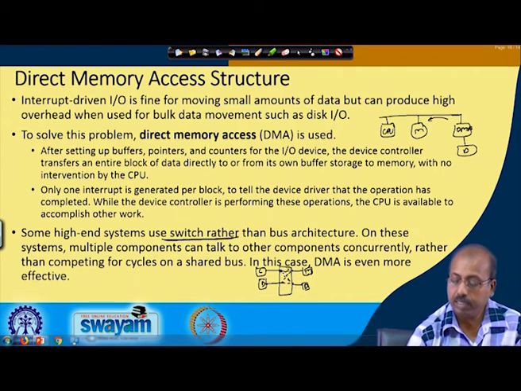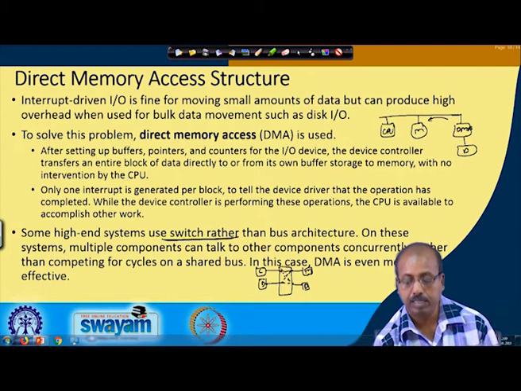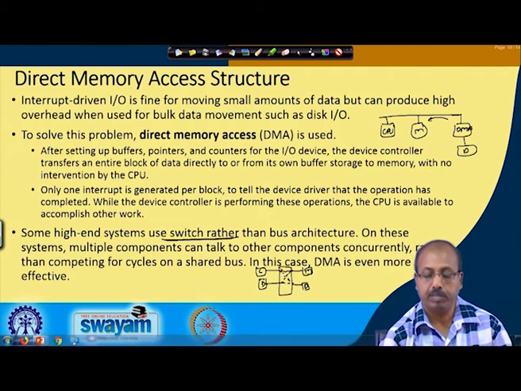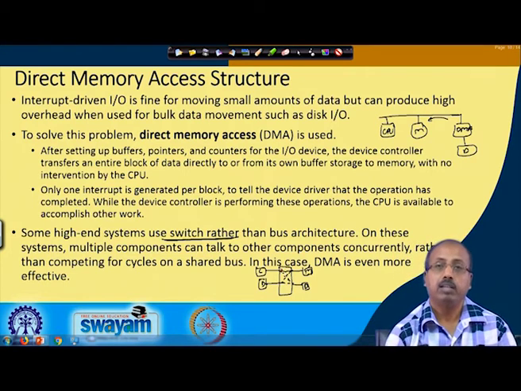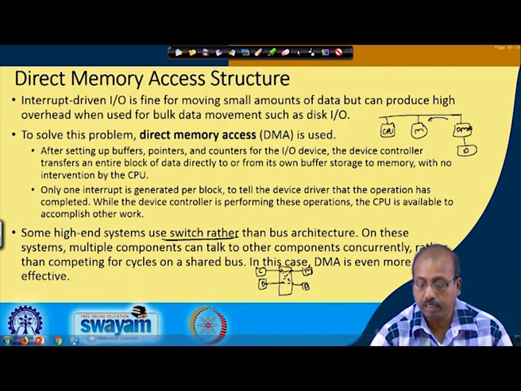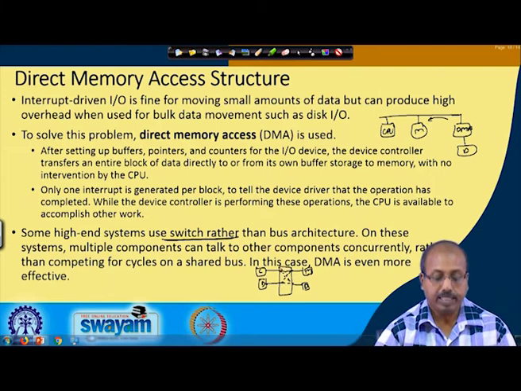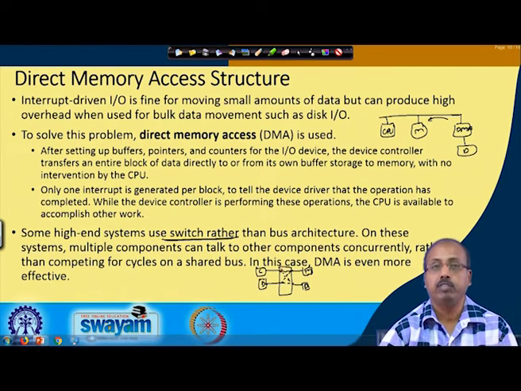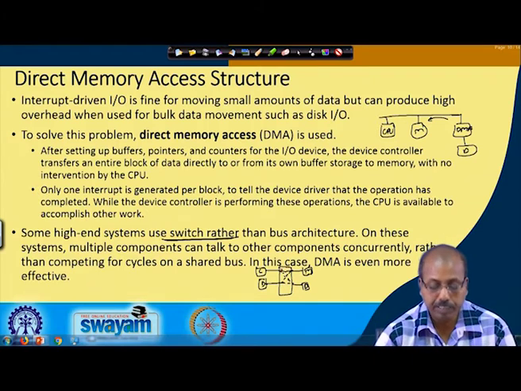Depending upon the number of layers in this switch, we can establish different types of connections, and we want to make multiple components talk to other components concurrently, rather than competing for cycles on a shared bus.